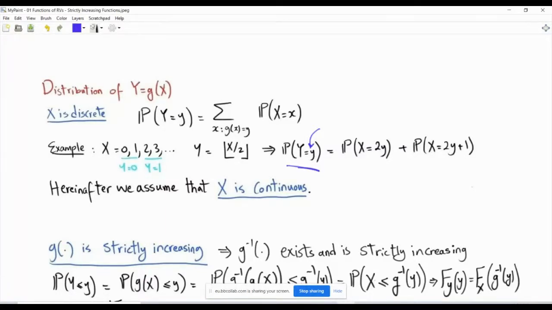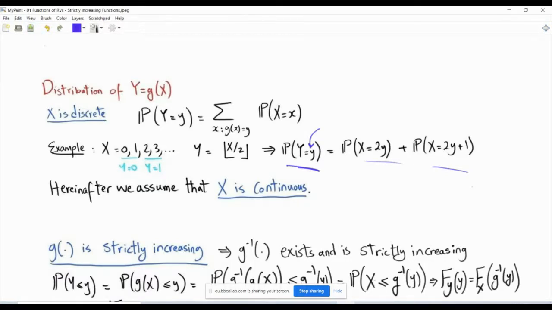And if you add one, you get 2y plus 1 over 2, which is y plus 1/2, and the floor will also be y. So again, you take the values of X that are mapped to a specific small y, and then you sum those probabilities.